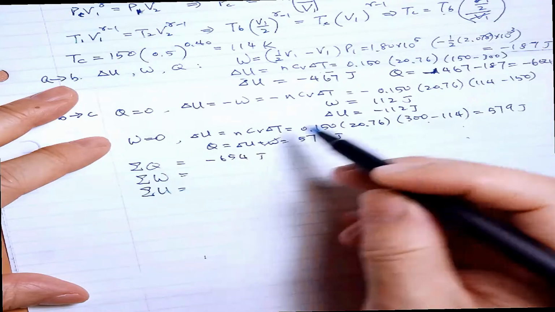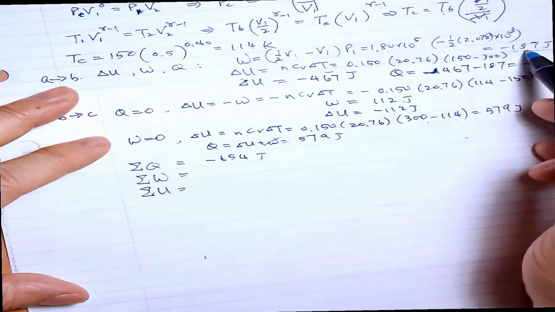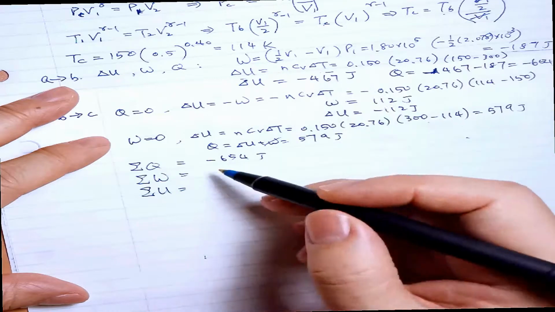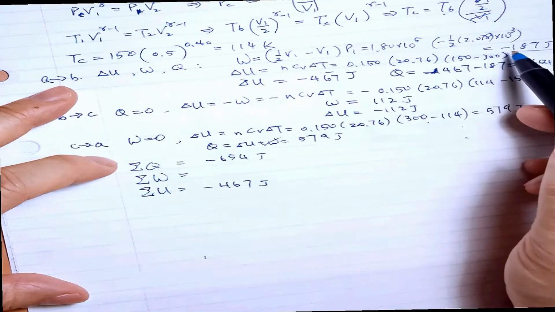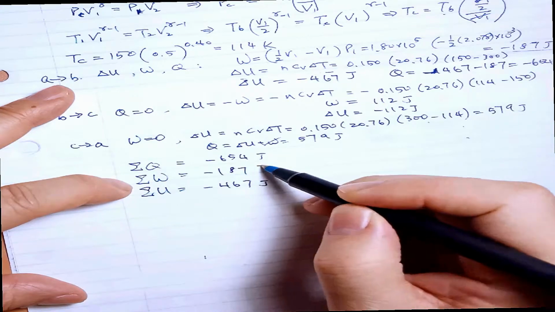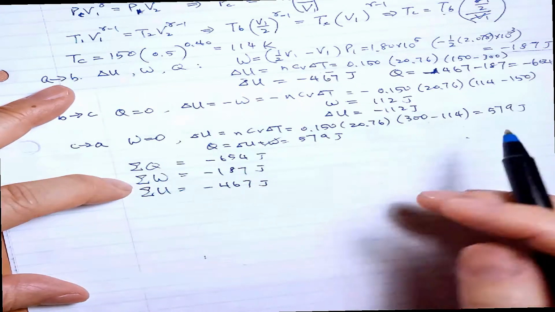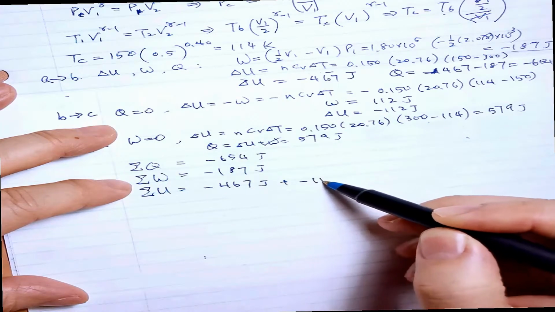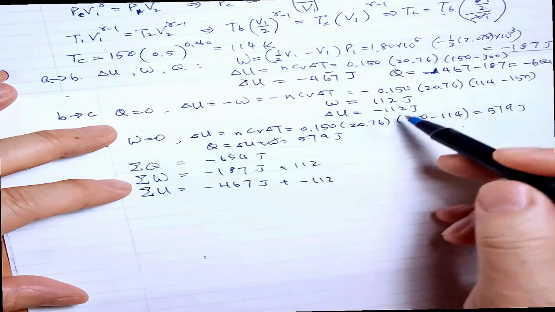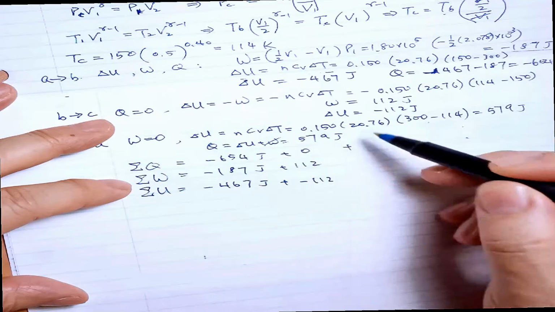So 654 joules, and then the internal energy is negative 467 joules, and then the work done is negative 187 joules. Okay, so these two add up to that. And then from B to C, the internal energy is negative 112, work is 112, and Q is 0.